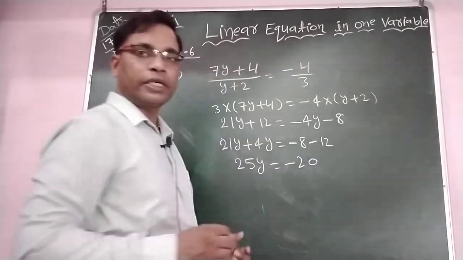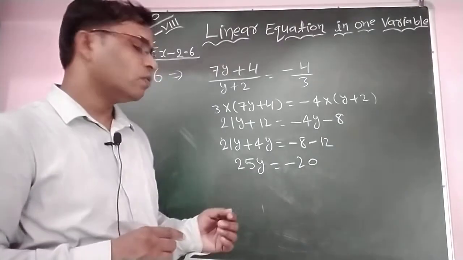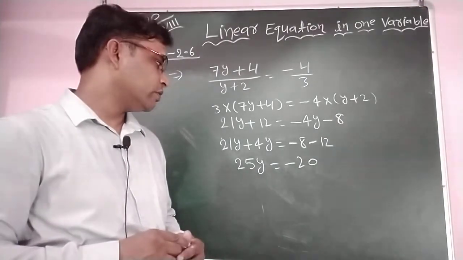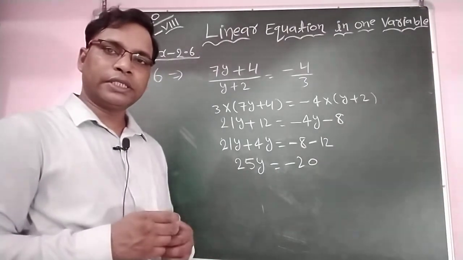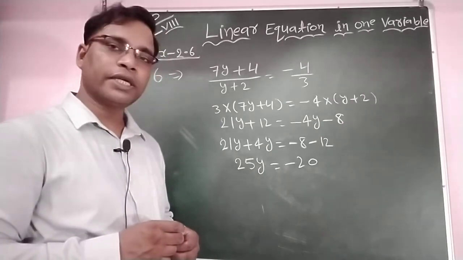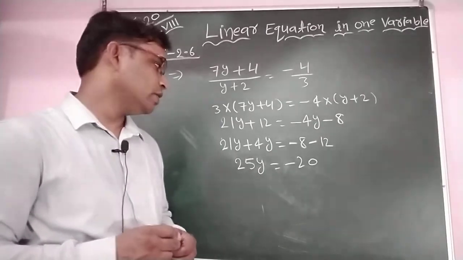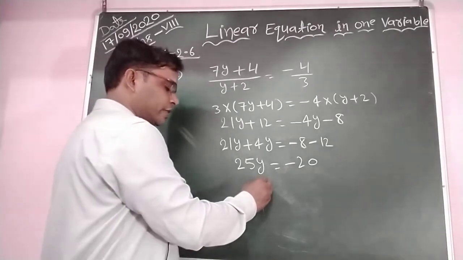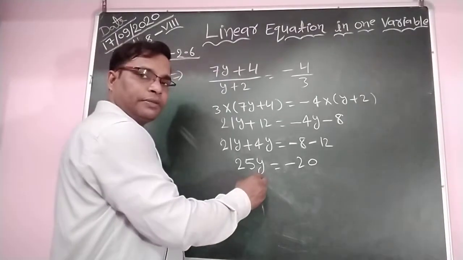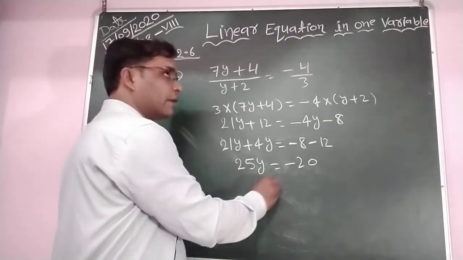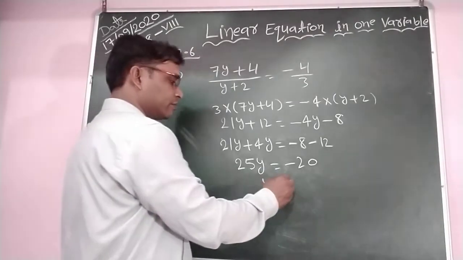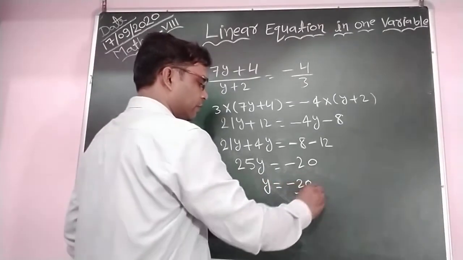Okay. So you can see on the left hand side y is multiplied by 25. We transpose this 25 to the right hand side, then we obtain minus 20 upon 25.